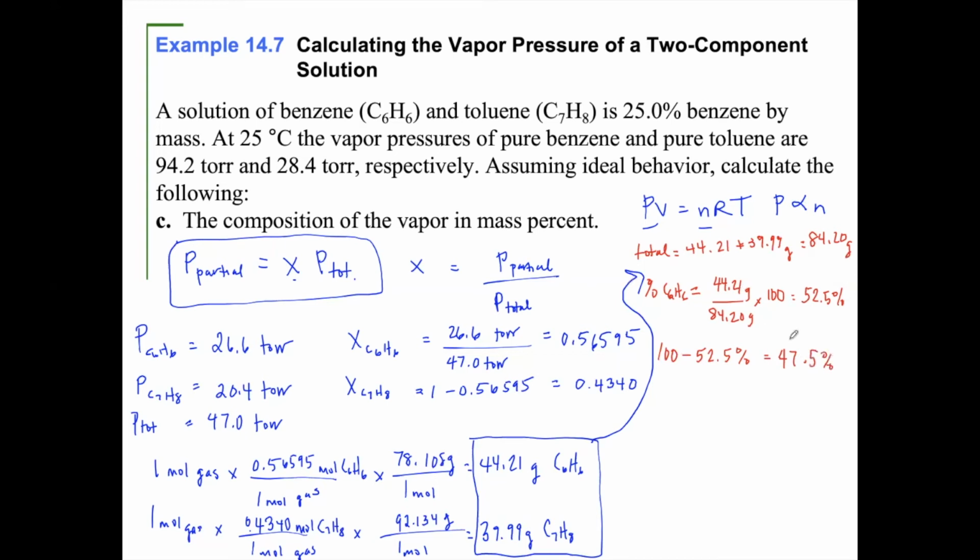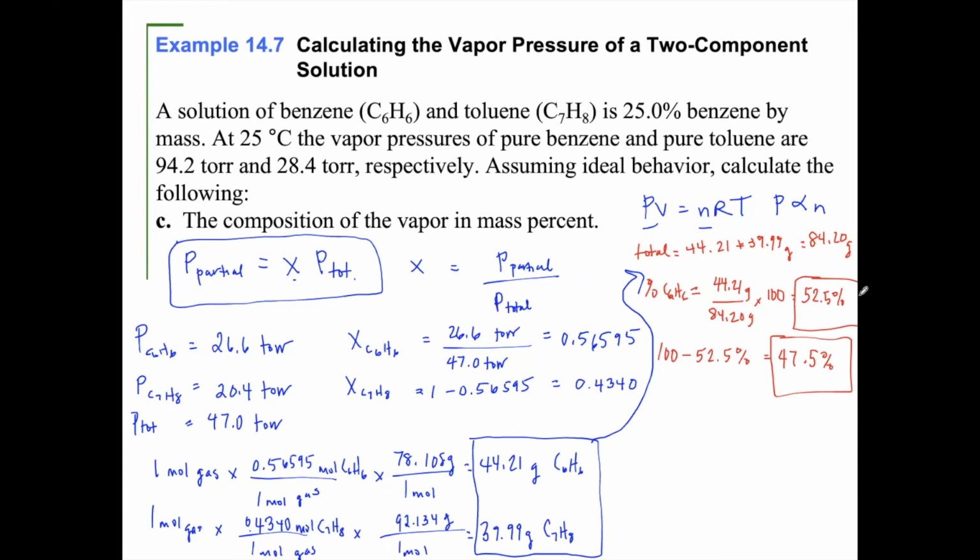Okay, so benzene, the composition of this gas mixture over the solution is 52.5% benzene by mass and 47.5% toluene by mass. So what does that mean? Which one do you think is more volatile?